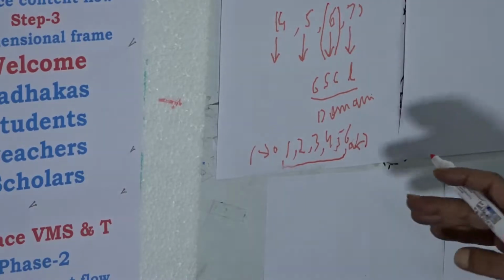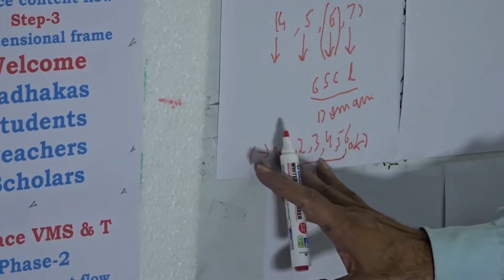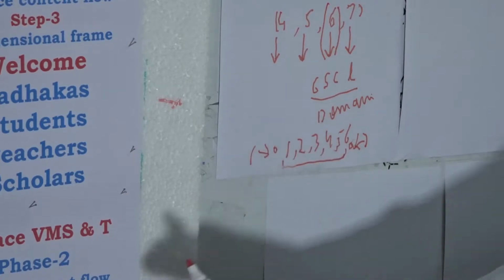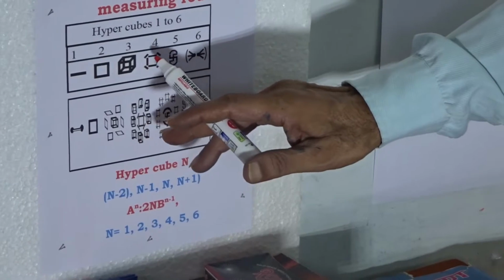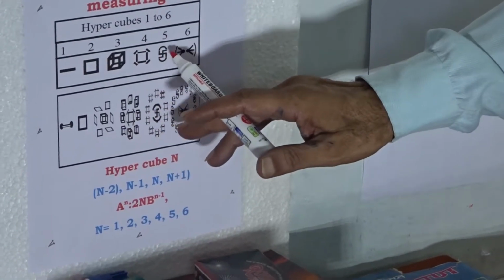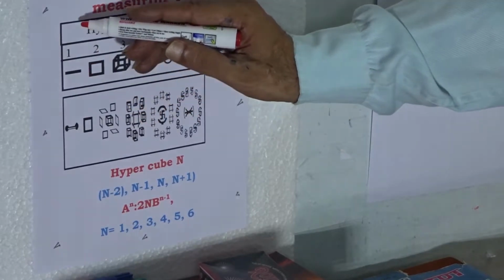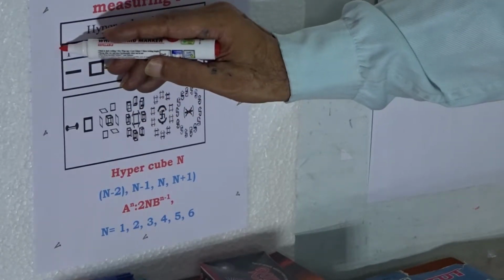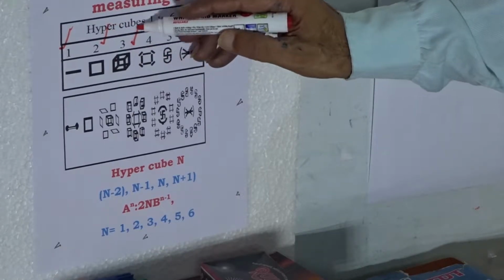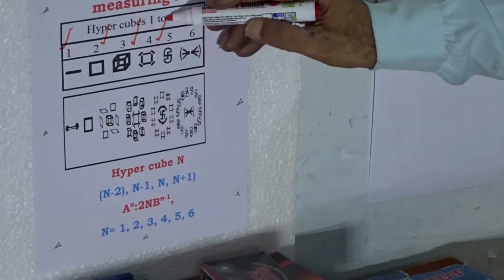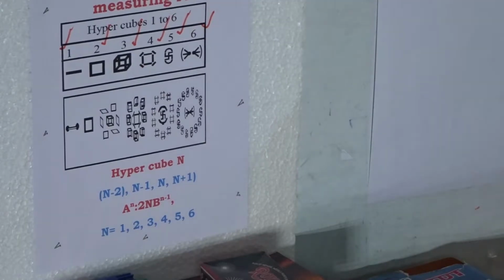The formats of these 6 bodies are interval, square, cube, Hypercube 4, Hypercube 5 and Hypercube 6. Hypercube 1 is having a single dimension. Here there are a pair of dimensions, here triple dimensions, quadruple dimensions, 5 dimensions and 6 dimensions.